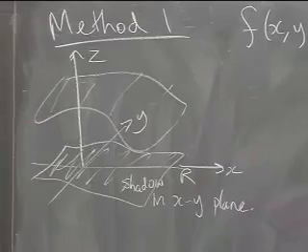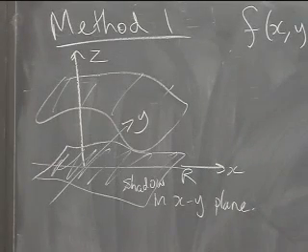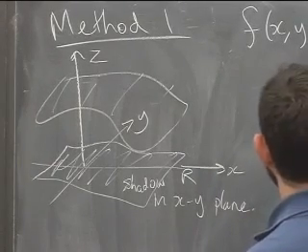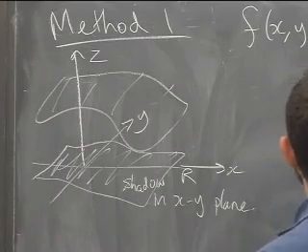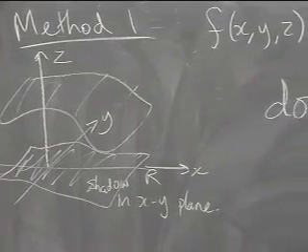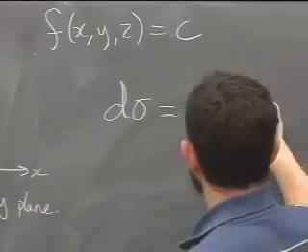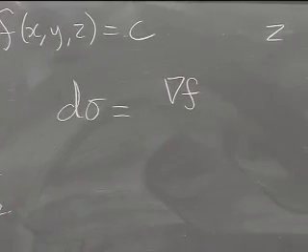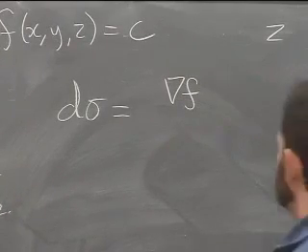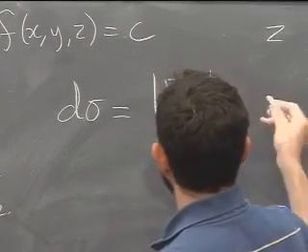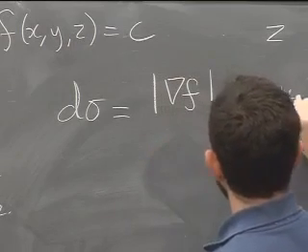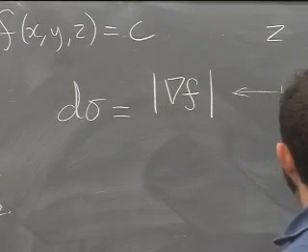So once you've set it up like this, there is a formula for d sigma. And here it is. You take the gradient of f, and you take its length. So this is the length of the vector.